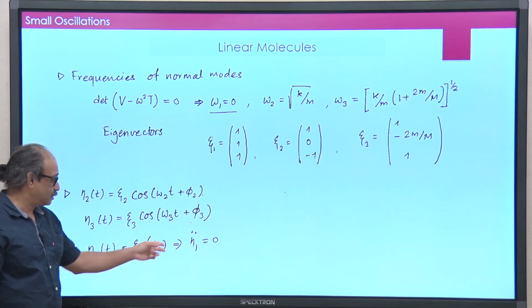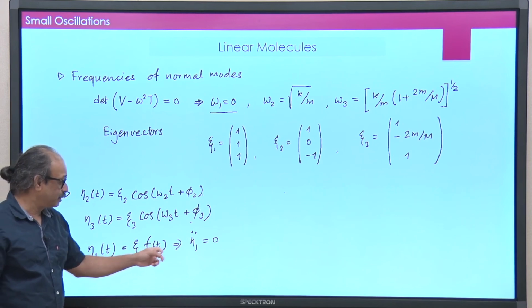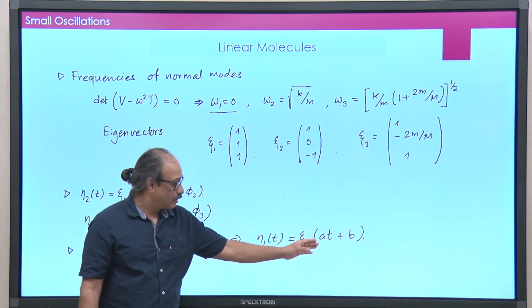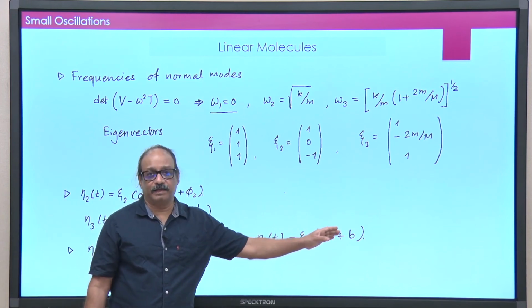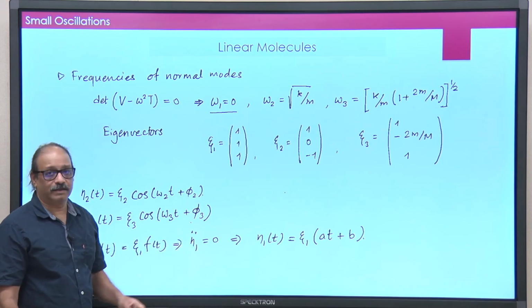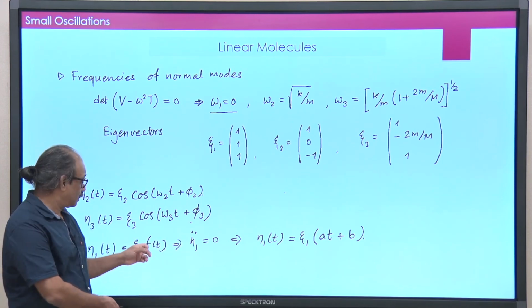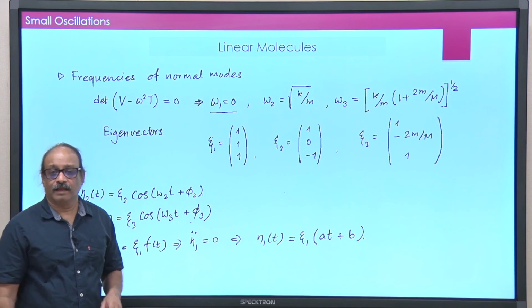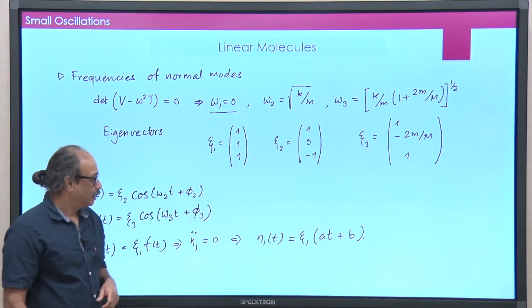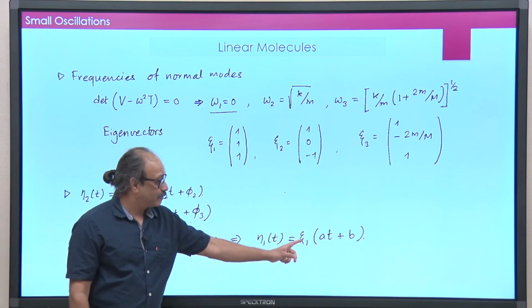And if you just solve this by putting f t into this one, then you get xi 1 into a t plus b, that is of course very simple. Eta 1 double dot is 0. So, the solution f double dot also will be 0, and f must be of the form of a line a t plus b. And what does this mean?